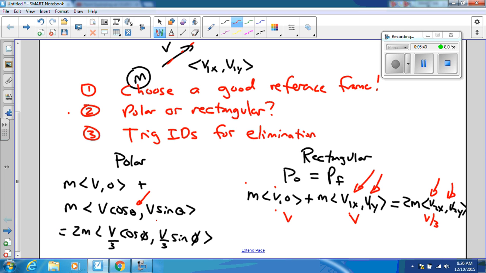And I look at that, and I still have two variables here, theta and phi, but one of those variables is the variable that I'm looking for, and also I managed to sneak in the fact that I was dealing with a speed of v before and a speed of v over 3 after. And so it seemed to me that polar form was a better approach for this problem.